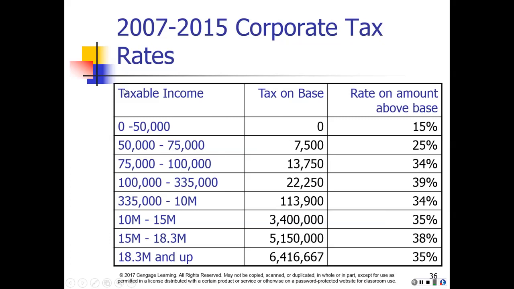Taxable income for people is calculated based on your total income minus the standard deduction, personal exemption, etc. For companies, it's basically all the revenues minus all the costs, minus depreciation, etc., minus interest payments.